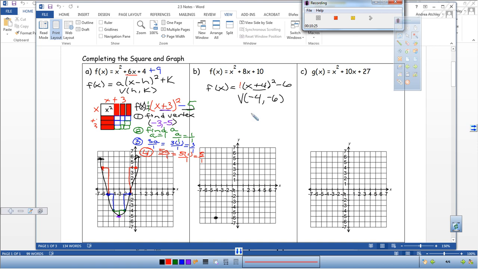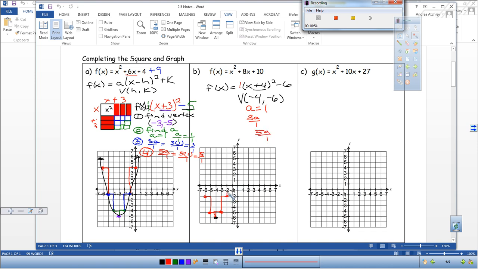My A value again is 1. So I need to go up 1 and over 1, up 1 and over 1. Then I do 3A over 1, which is up 3, 1, 2, 3, and over 1. Up 1, 2, 3, and over 1. Then I need 5A over 1.